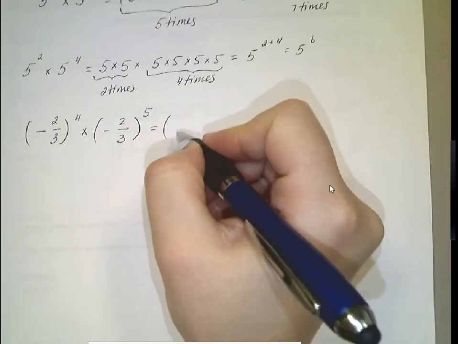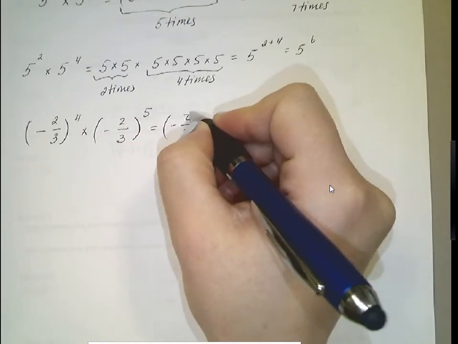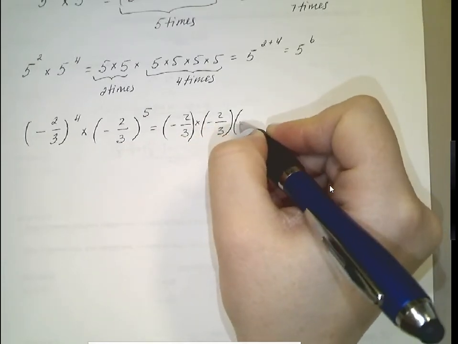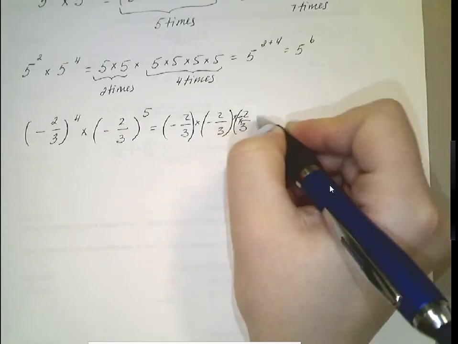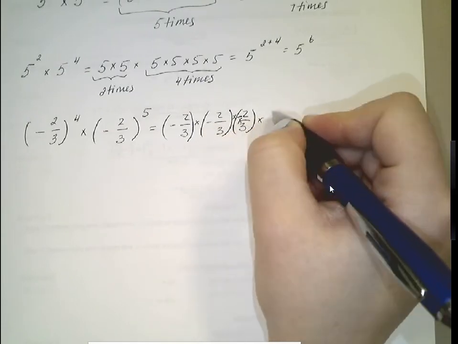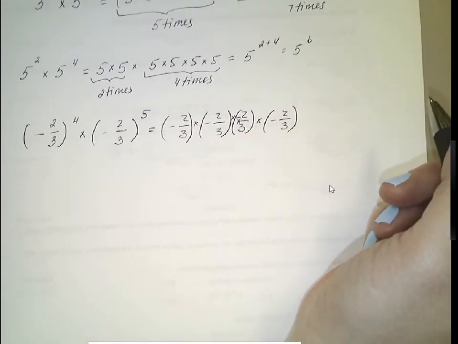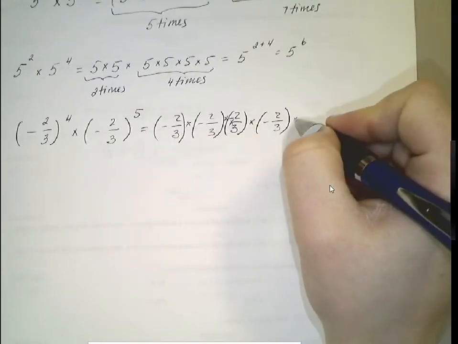Okay, so here I have negative 2/3 multiplied by itself 4 times, and then I'm multiplying by itself, again, negative 2/3, 5 times.